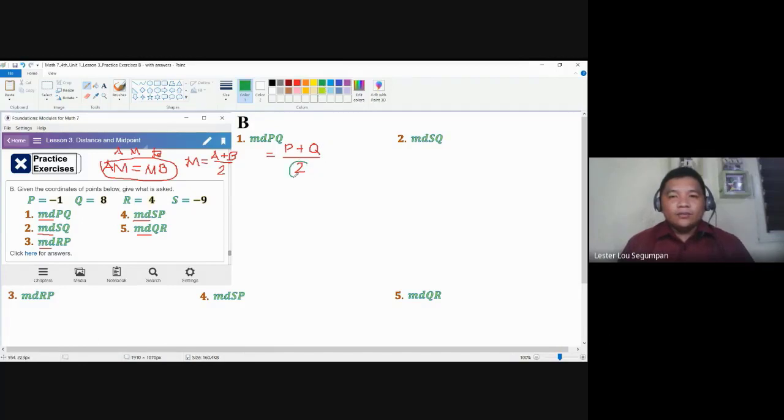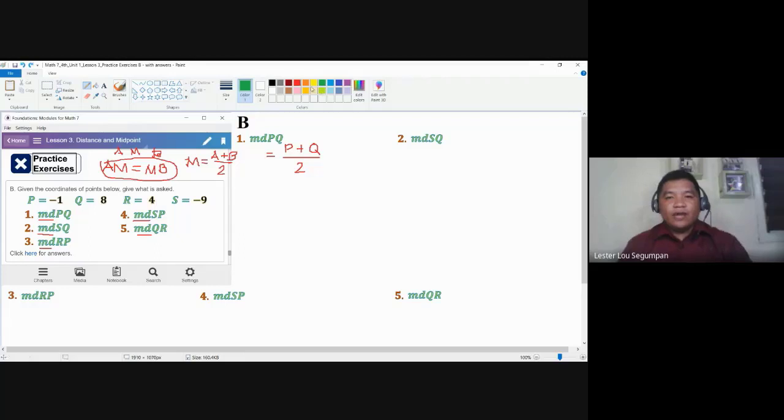This 2 is constant. It's always 2 because it follows the concept of midpoint. It's the middlemost point. It divides the line segment into 2 equal parts. That's why it's always divided by 2.